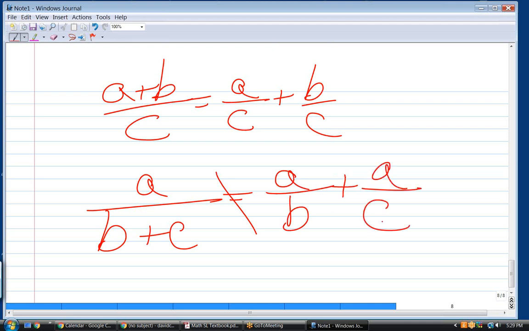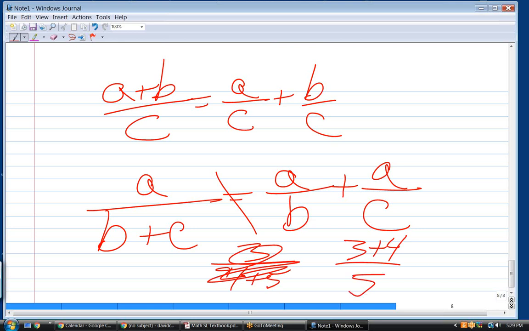You can only split it into two fractions if I have a single term in the denominator. In other words, 3 over 4 plus 5 is not 3/4 plus 3/5. But 3 plus 4 over 5 is 3/5 plus 4/5.